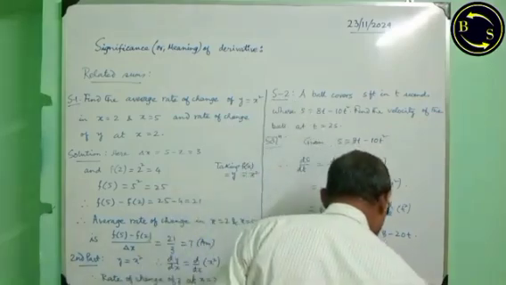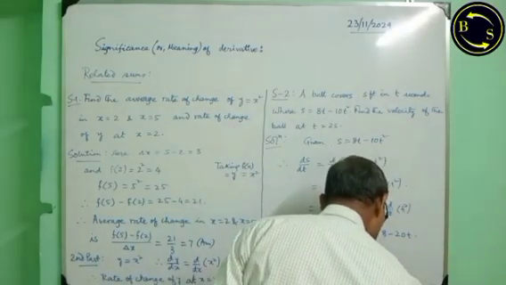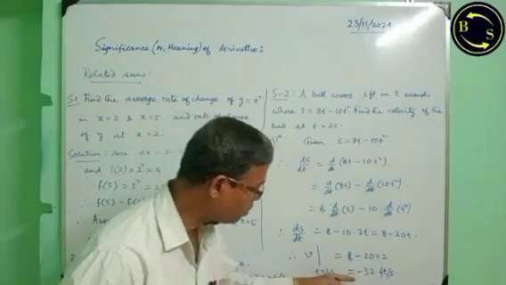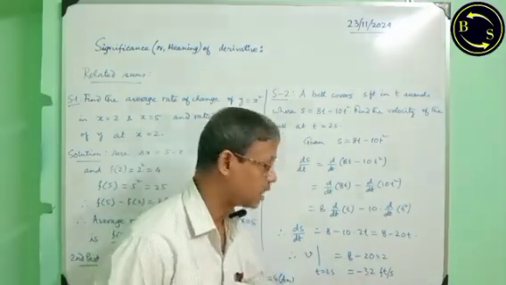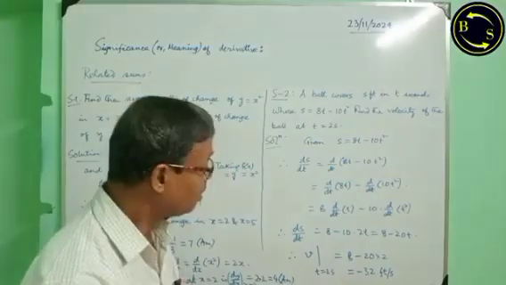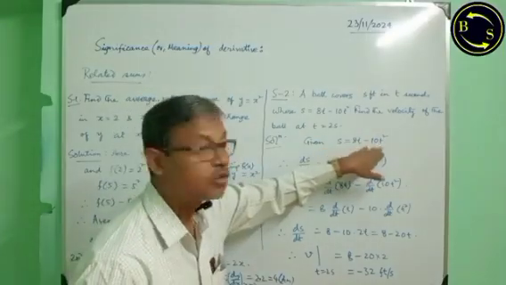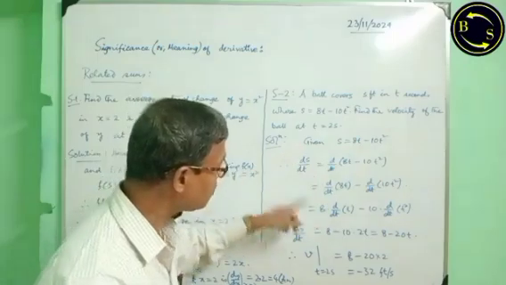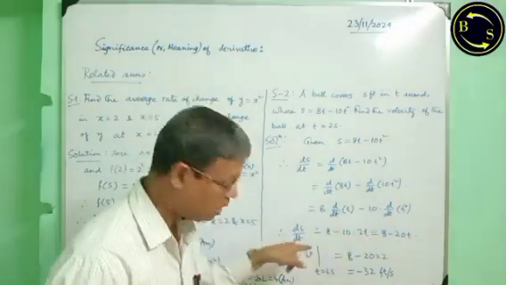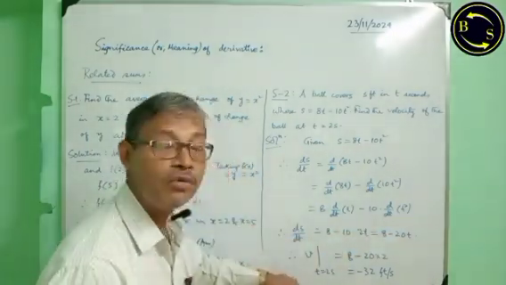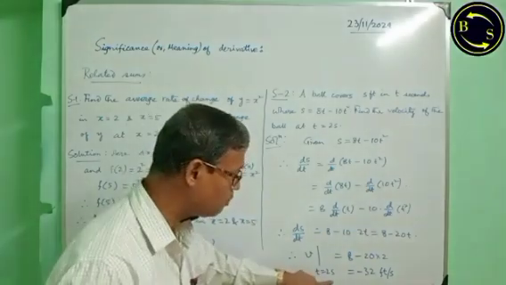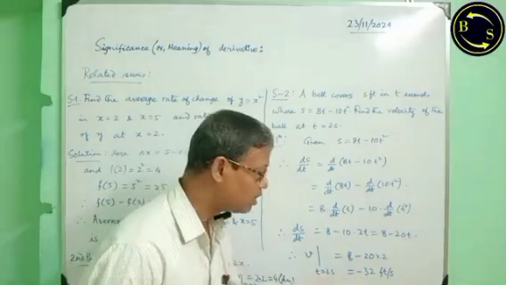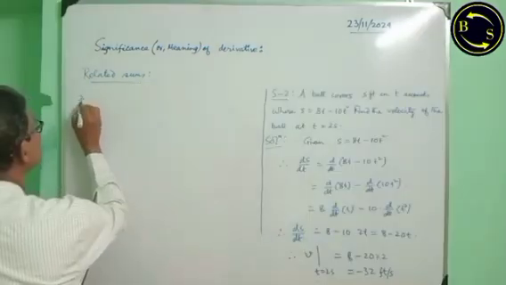Therefore, finally, the velocity will be in feet per second. s is in terms of t, therefore ds/dt is the velocity. We have calculated first ds/dt at any time t, then I have put the value of the time t equal to 2 s, and calculated the velocity.